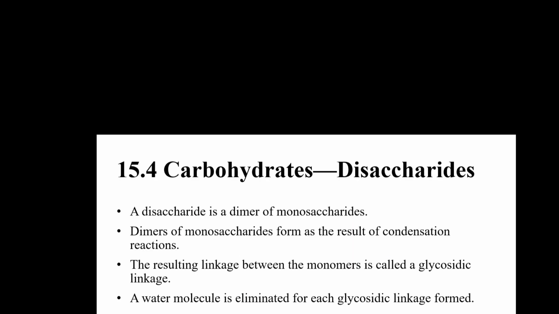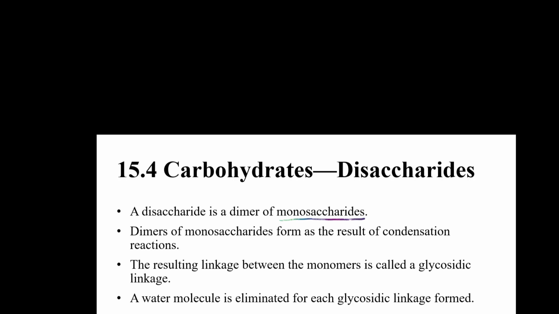So on the next slide, what we're going to do is link monosaccharides together. We're going to take the monosaccharide glucose and the monosaccharide fructose, and we're going to take the hydroxy group of this sugar and the hydrogen of this hydroxy group on this sugar, remove those, and those form water, and then the oxygen here links to the carbon there, and we form a glycosidic bond or glycosidic linkage.